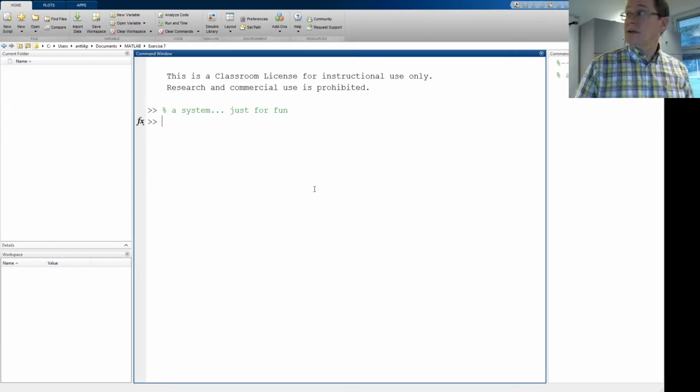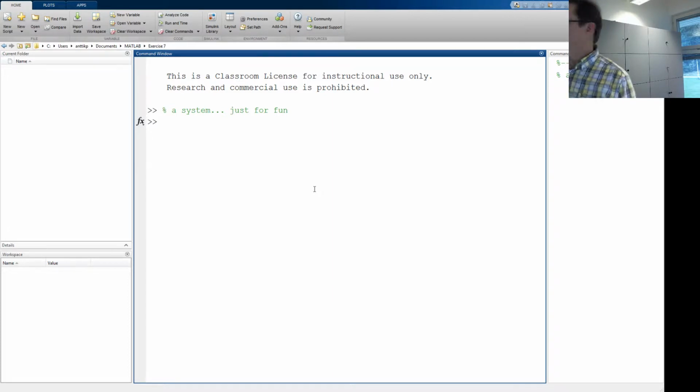And I'll start designing this way. Just put a couple of poles quite close to the unit circle. Maybe that's not... I will just adjust this a little bit closer.